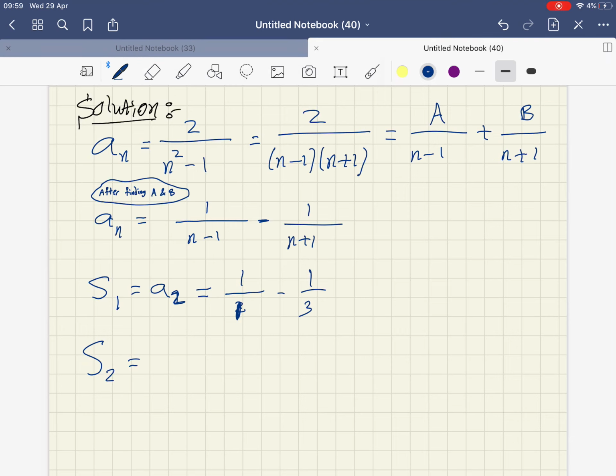While S2 is the sum of the first two terms. So start with the A2 and then A3. A2 is already here, 1 over 1 minus 1 over 3. A3 will be 1 over 2 minus 1 over 4.